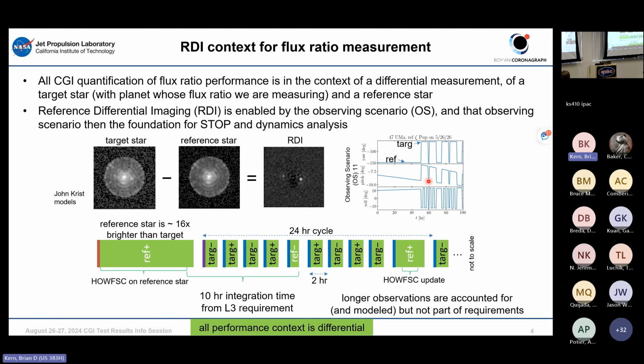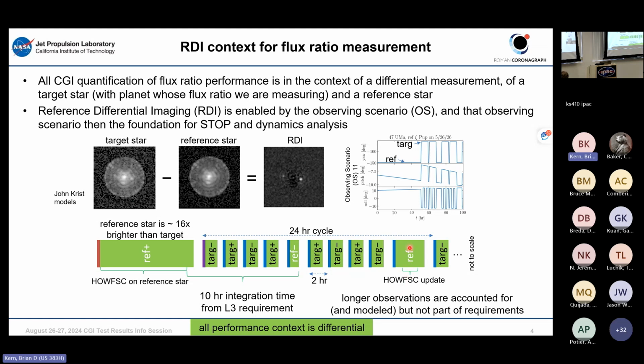And there's a simple extension of this 10-hour observation to however long an observation you want. For OS 11 in particular, we did a few cycles. For level 3 requirements, I'm only going to talk about 10 hours, but recognize that the same concept is easily extended to arbitrary lengths.